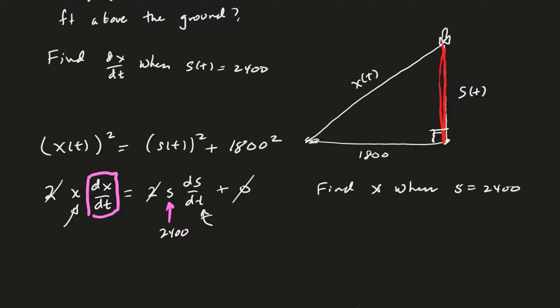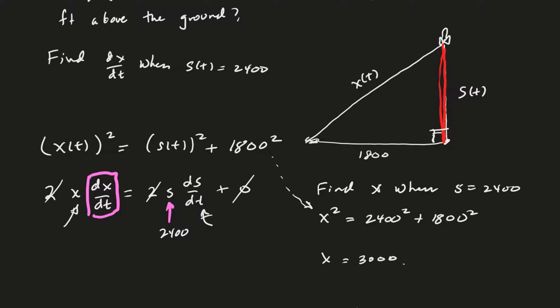Okay, so that means x squared is equal to 2400 squared plus 1800 squared from the Pythagorean theorem. Good. And so if I look that up on my calculator, what do I get? Ooh, it's an actual perfect square. x is equal to 3000.